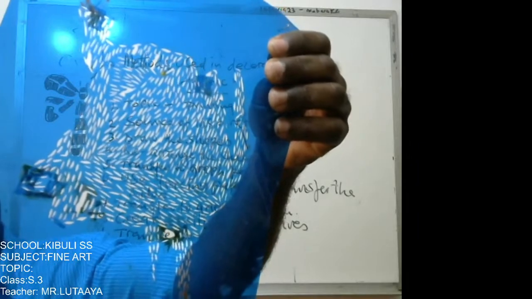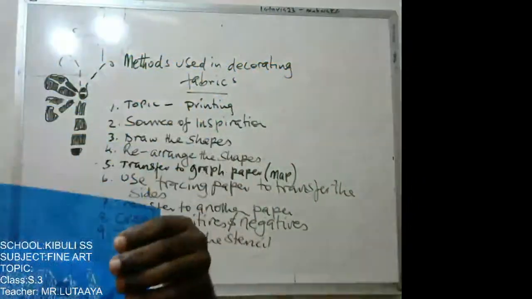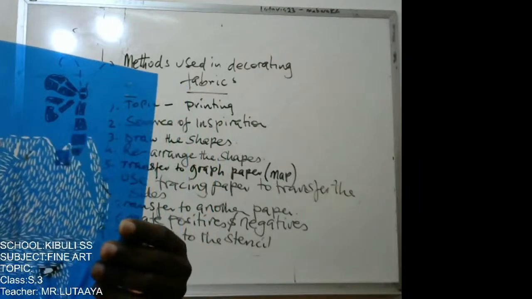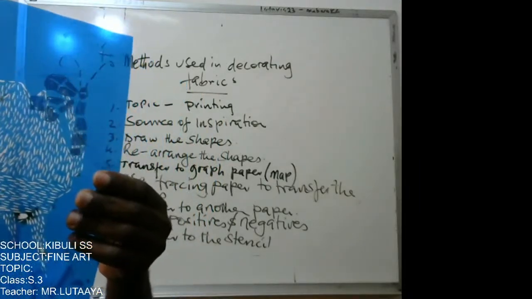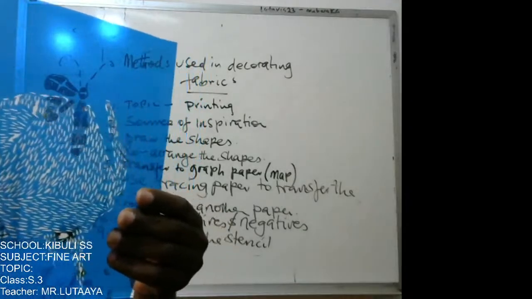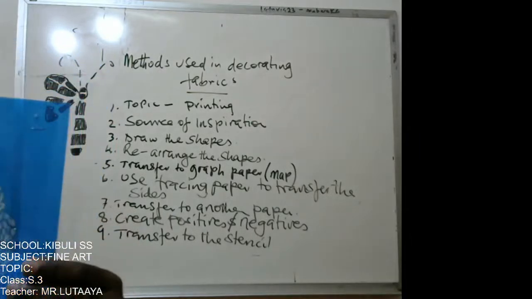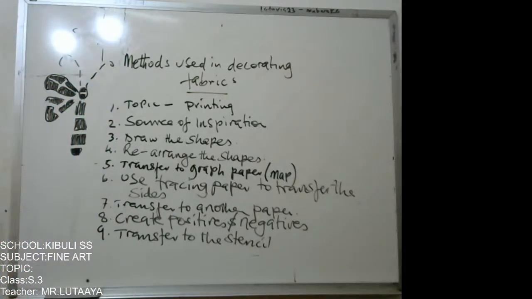The negatives are the holes this time, and the positives are the ones which are not cut. That means if we are using this stencil when we are printing, the negatives this time, the holes, when we transfer it, let me demonstrate a bit.